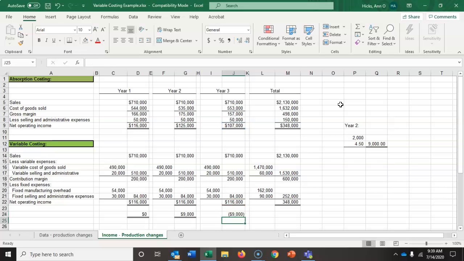And that's basically because, in this example at least, those 2,000 units that were sitting on the balance sheet at the end of year 2 ended up being sold in year 3, and so the expense related to them, this $4.50 in fixed overhead, got expensed under absorption costing in year 3.